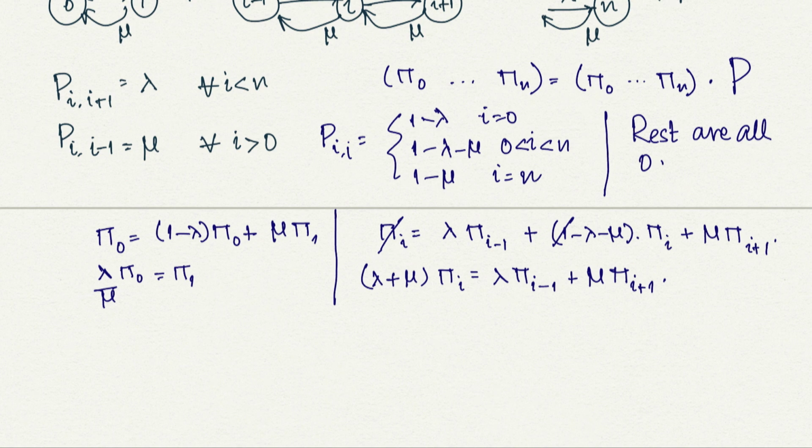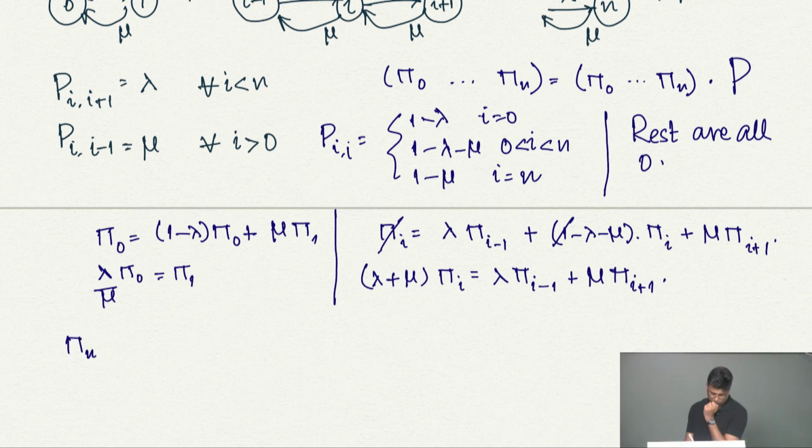And then pi of n is lambda times pi n minus 1 plus 1 minus mu times pi n.